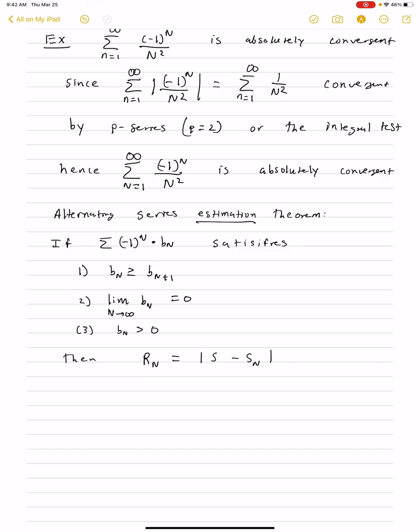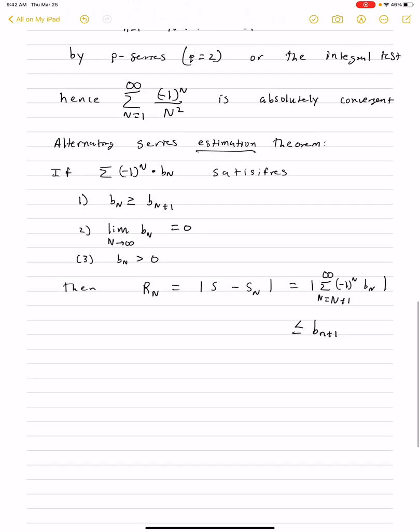And if we write this out, this is the absolute value of the sum from n equals n plus 1 to infinity of minus 1 to the n multiplied by b sub n. And the theorem is that this is less than or equal to b of n plus 1.